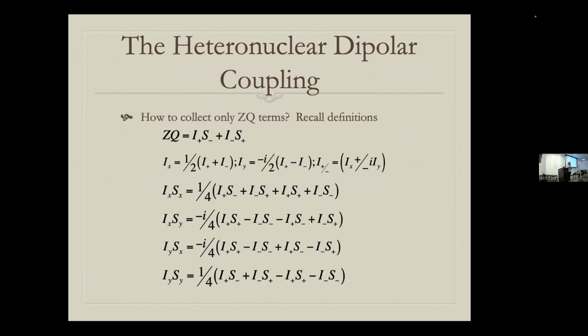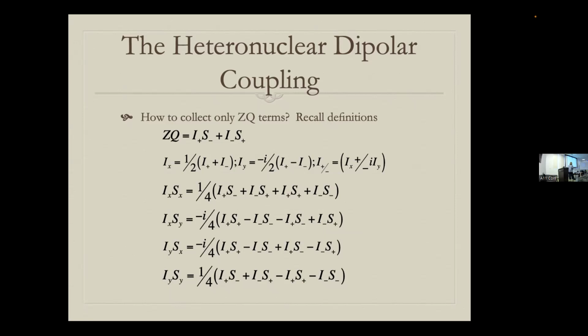So a zero quantum operator, the way we write it in terms of raising and lowering operators, is I plus S minus plus I minus S plus. And that does mean that IX is given by this, IY is given by this, I plus minus is another designation, and it would be IX plus minus IY. IXSX is all this stuff. IXSY is all this stuff, and so on.